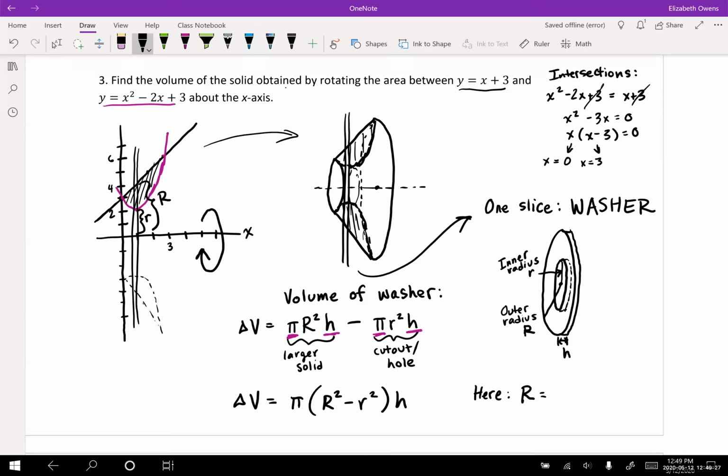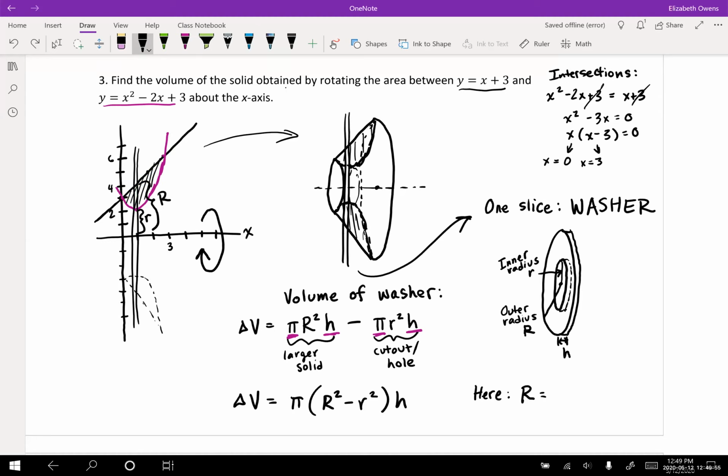For that bigger radius, we do need to go all the way from the x-axis out to the line portion. And that would give you that biggest radius of 6 at the end there. It would also give you the right radius at any point in between.